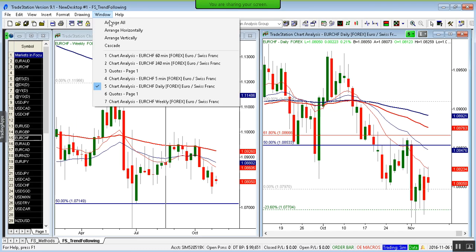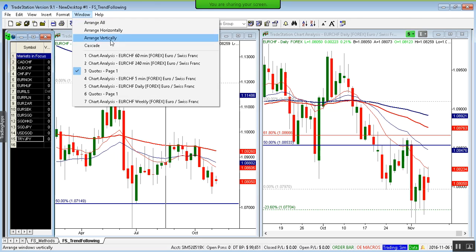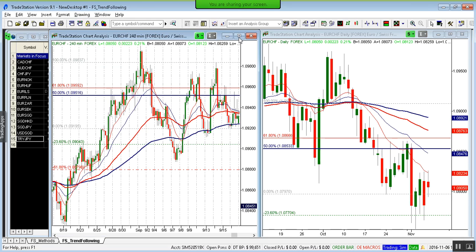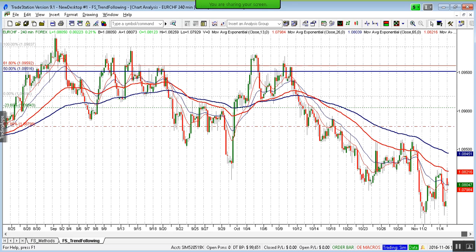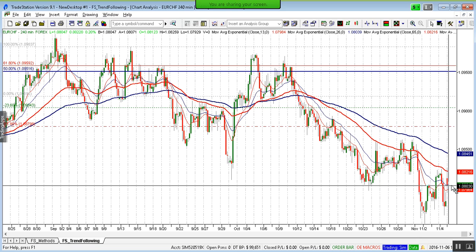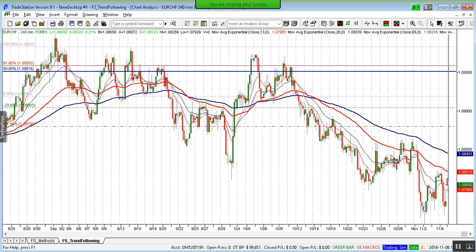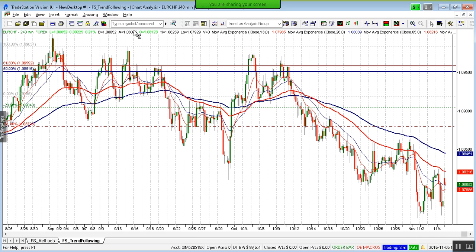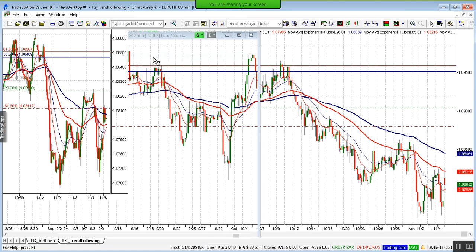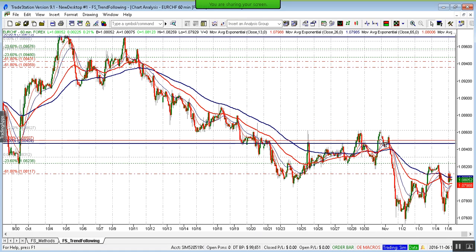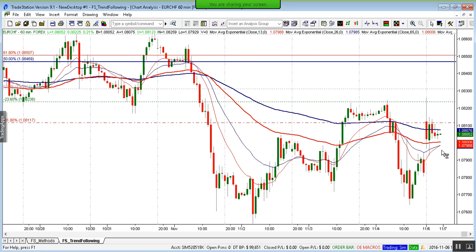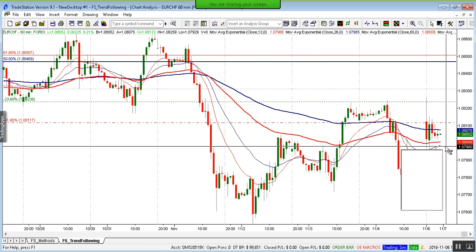So when we look at the 240 minutes here, we will see that this market is obviously below this area here, and it is still finding resistance. This would be the same as the daily that we have seen, and moving lower into the 60 minutes, we see that there's a little bit of support here from the 60 minutes.